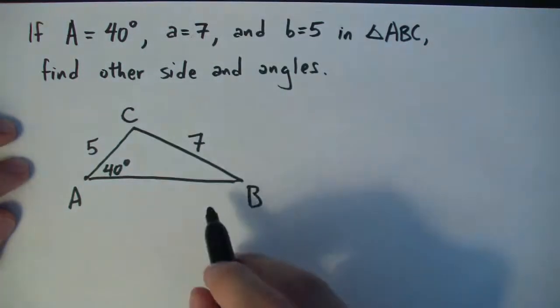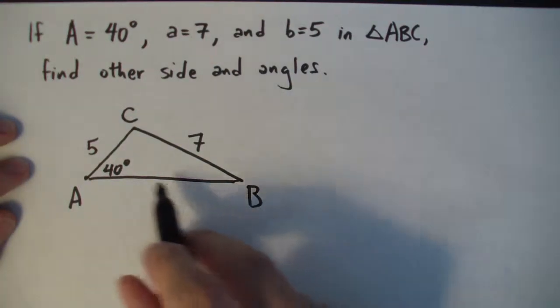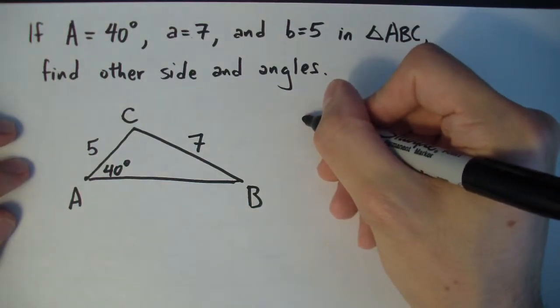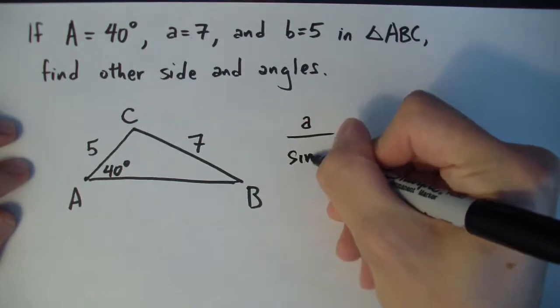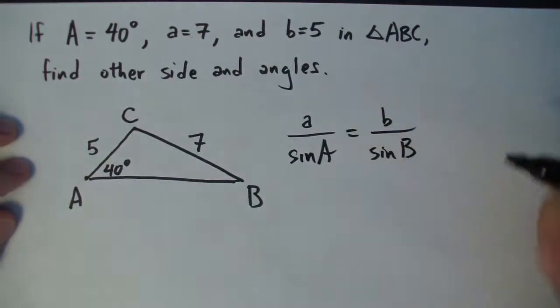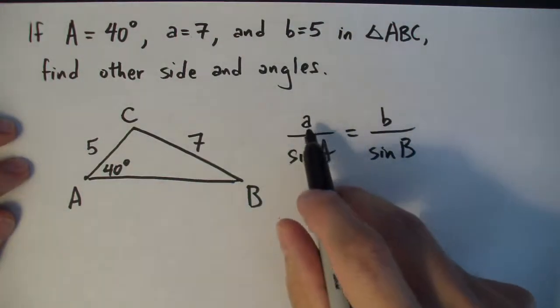So as usual, we're going to be trying to find that angle B because we have the side opposite angle B. So we have that A over sine A equals B over sine B, and we won't worry about C for now. And what happens?